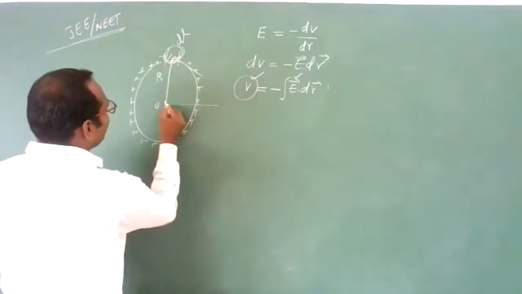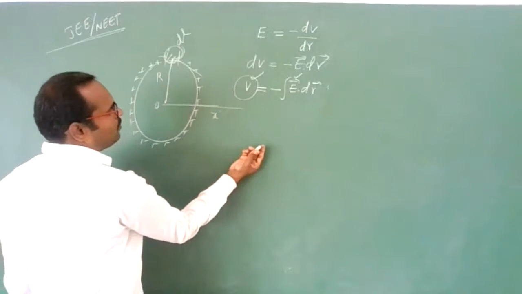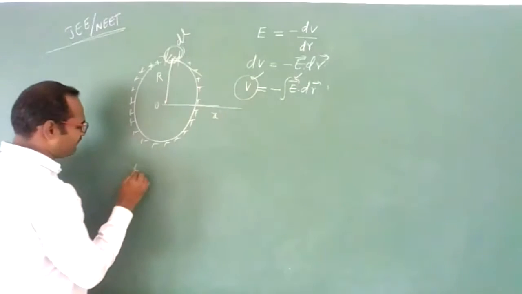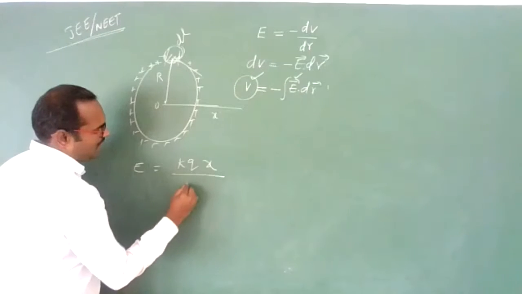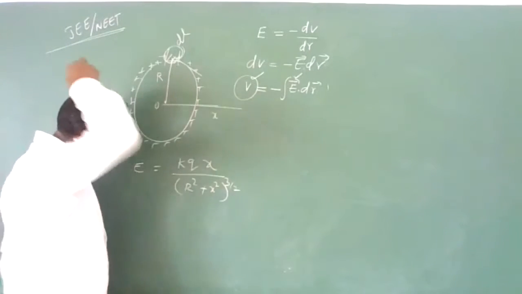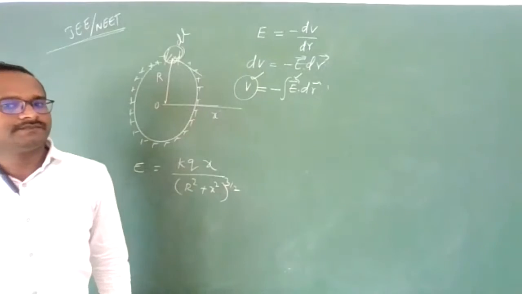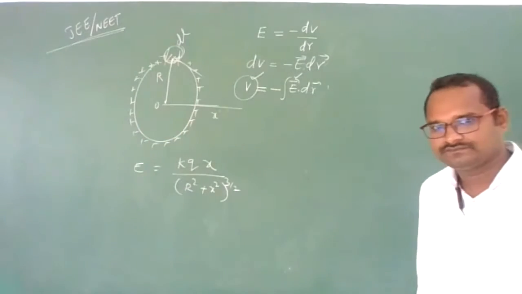On the axial line at a distance of x, what will be the electric field? You know, electric field is equal to kqx by (R square plus x square) whole power 3 by 2. We have derived this one.